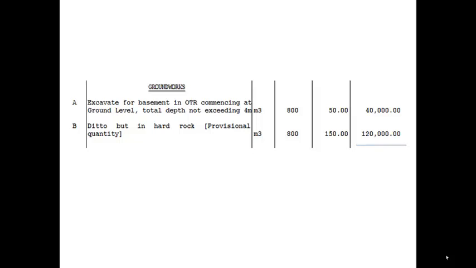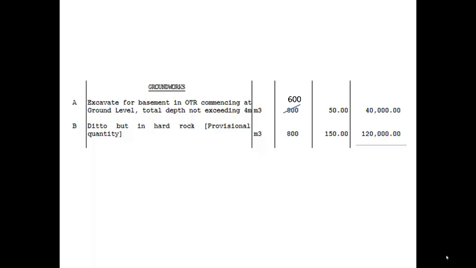So this is what we do. If we had measured it as we did originally, with 800 cubic metres of each kind of excavation, we would then have to change this first quantity here down by 200, because there's now 200 cubic metres more of rock, therefore 200 cubic metres less of OTR.